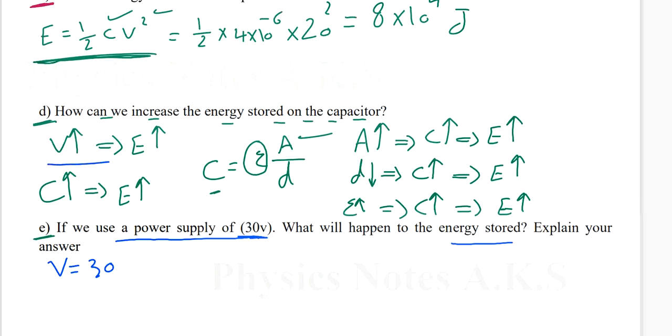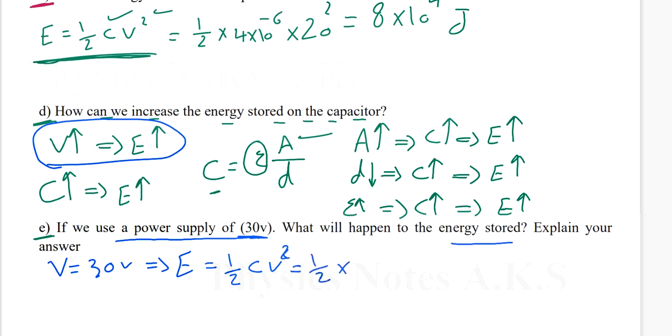As we discussed right here, when the voltage increases, the energy will increase. Let's check that. The energy is half C V squared, so it is half times the capacitance, 4 times 10 to the power negative 6, multiplied by 30 squared.